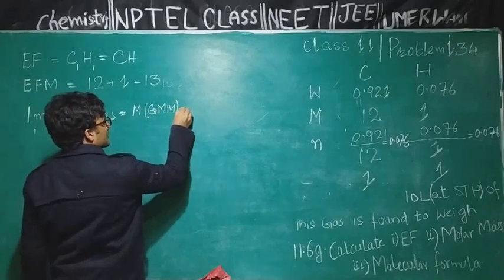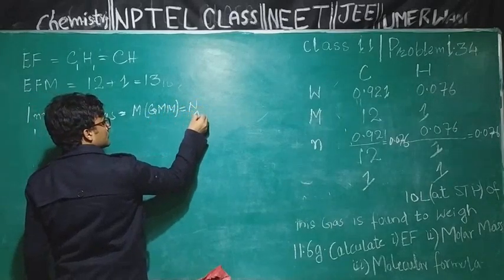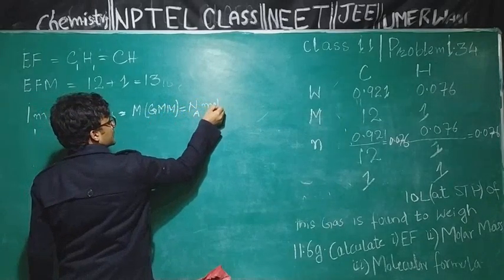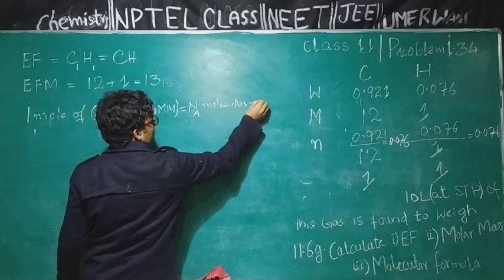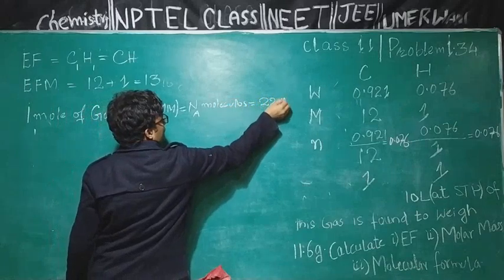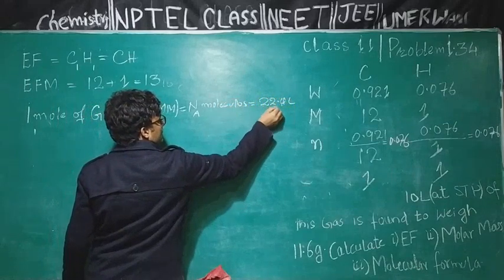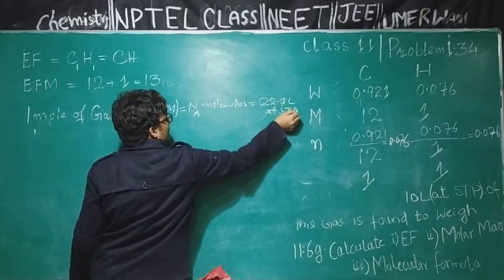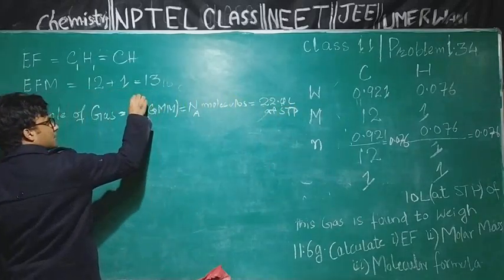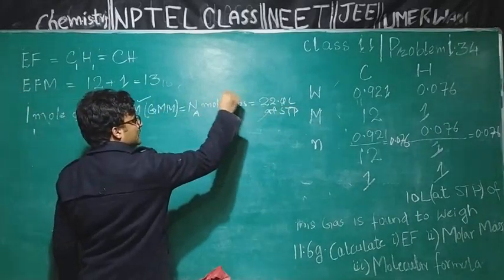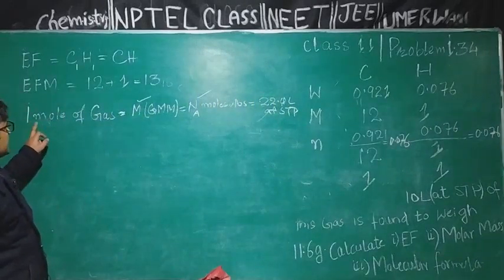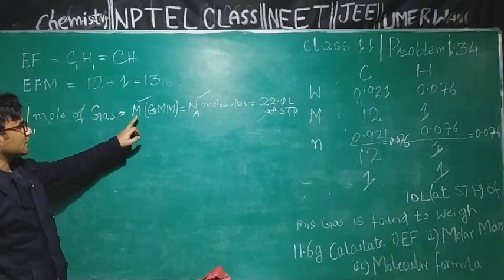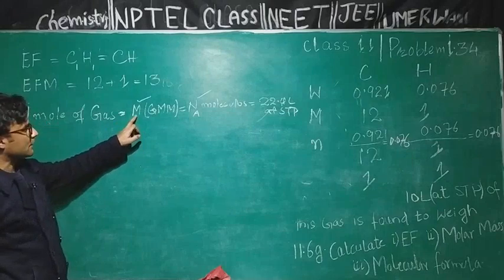It contains Avogadro number of molecules, and it occupies a volume of 22.4 liters at STP. Now I don't need here molar mass or the number of molecules. I need to calculate the molar mass of this gas.